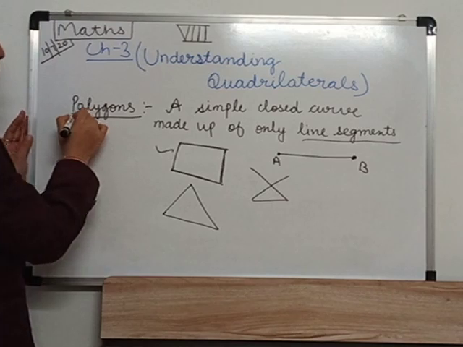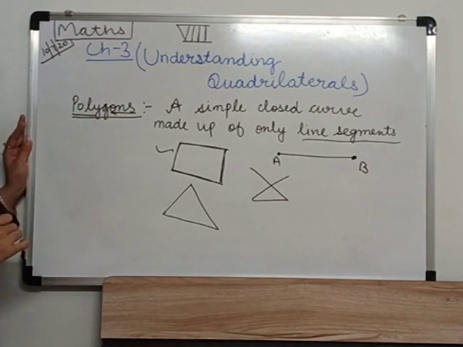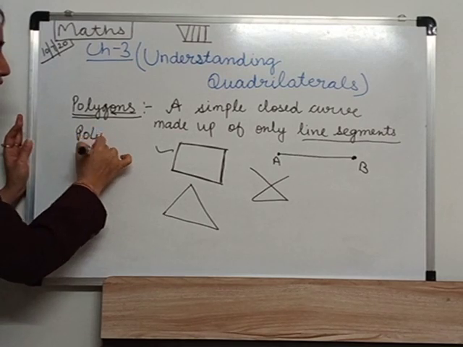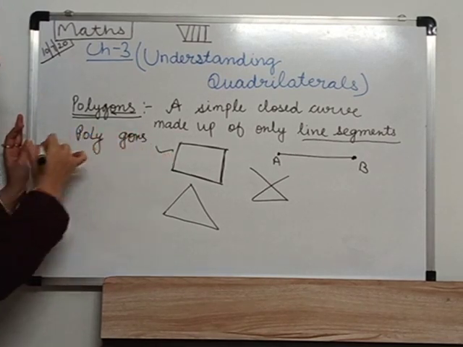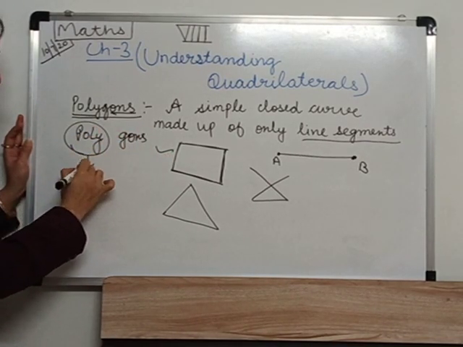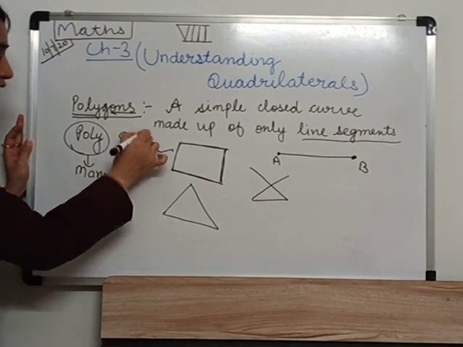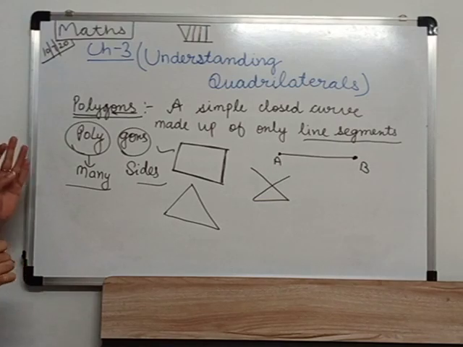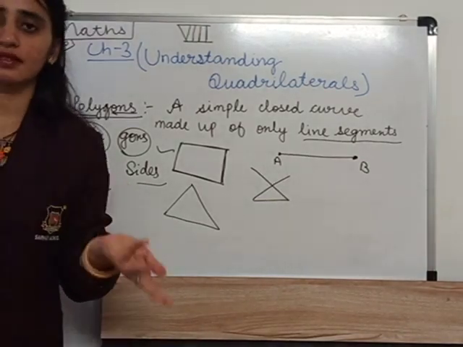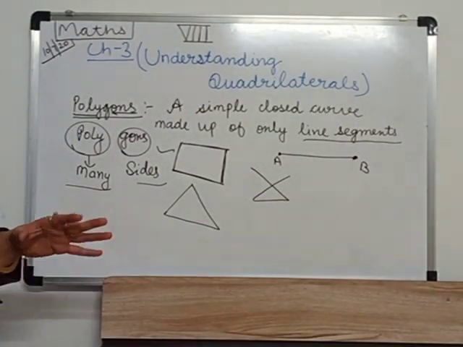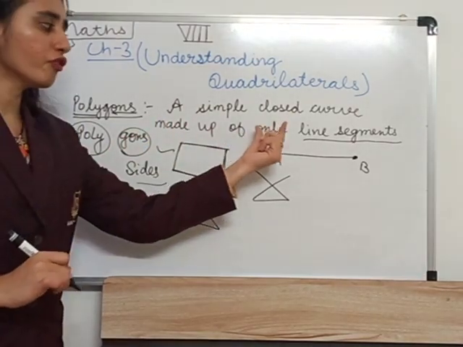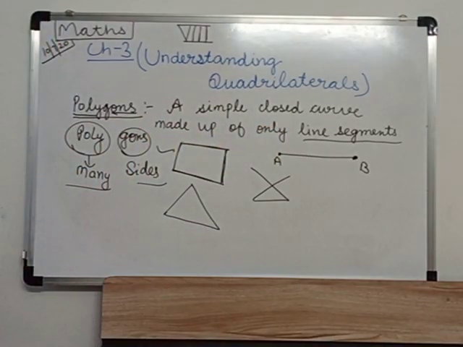The words poly and gon are included in this word. Poly means many and gon means sides, so a figure having many sides is called a polygon. But a polygon is a closed curve made up of only line segments.